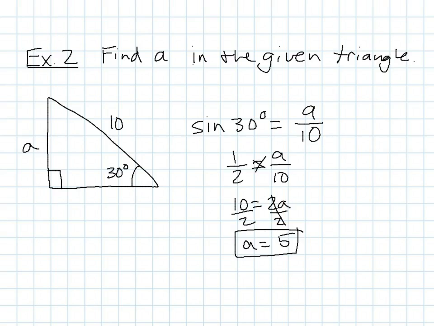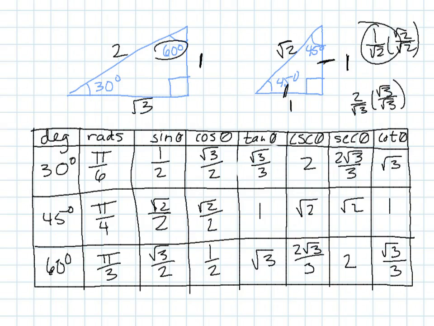To memorize, going back to the table, it'll be helpful if you memorize these values, as once we get more into the unit circle, we'll come across them more and more as we move through the chapters. So memorizing those values will help you a lot. Okay? Have fun.